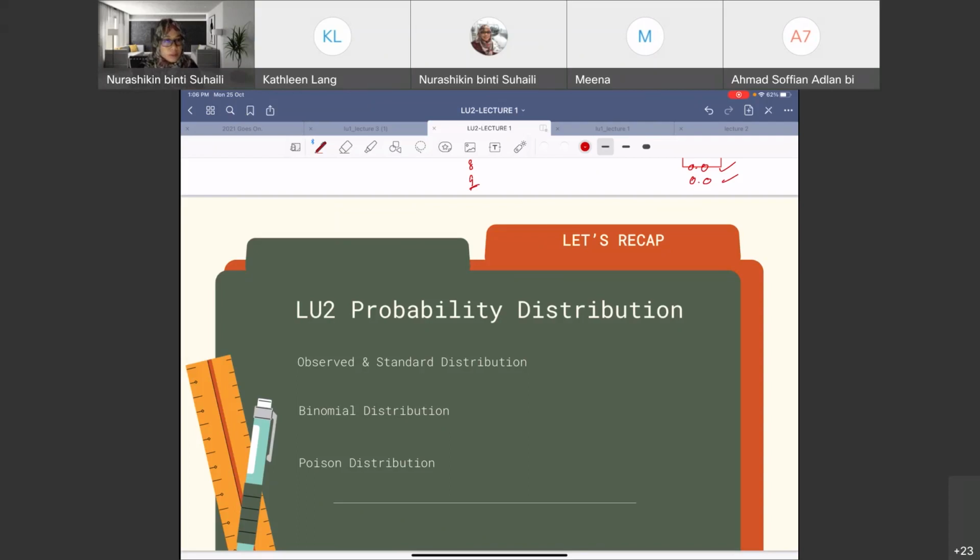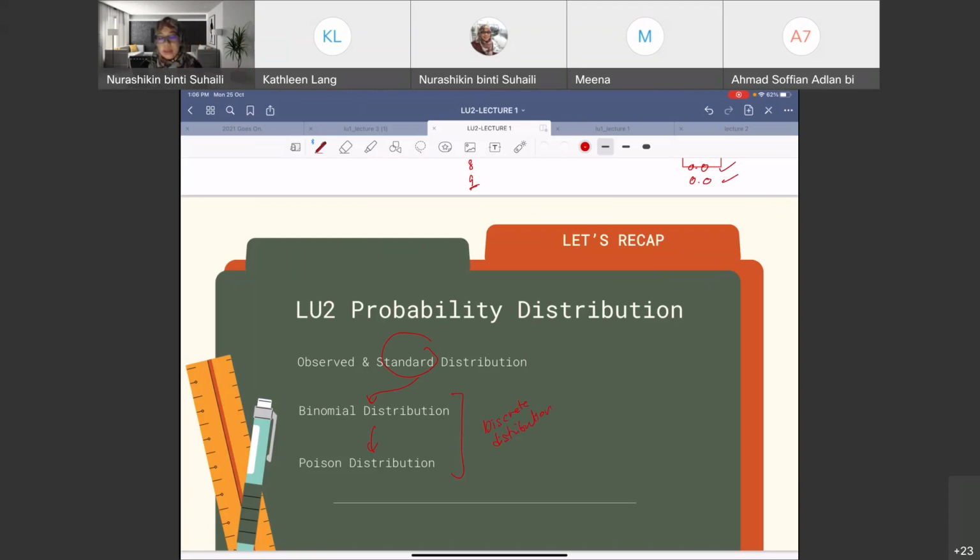For the binomial and Poisson, there is a formula to calculate the probability, and there is a table. For observed distribution, it doesn't have such things. But for standard distribution, we have examples binomial and Poisson, and both of these are discrete distributions.